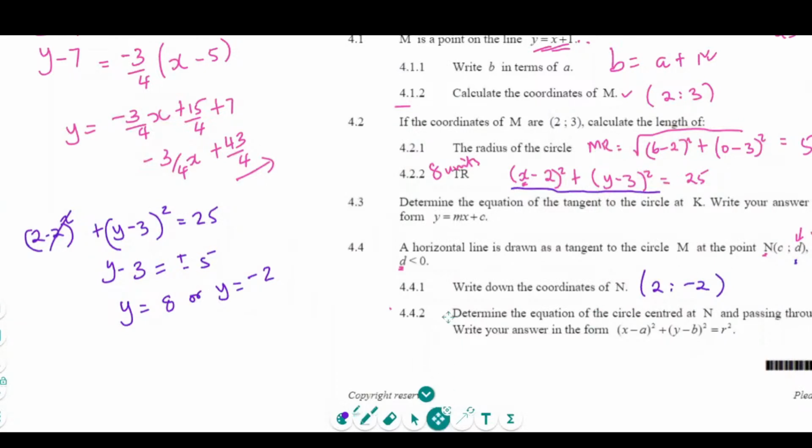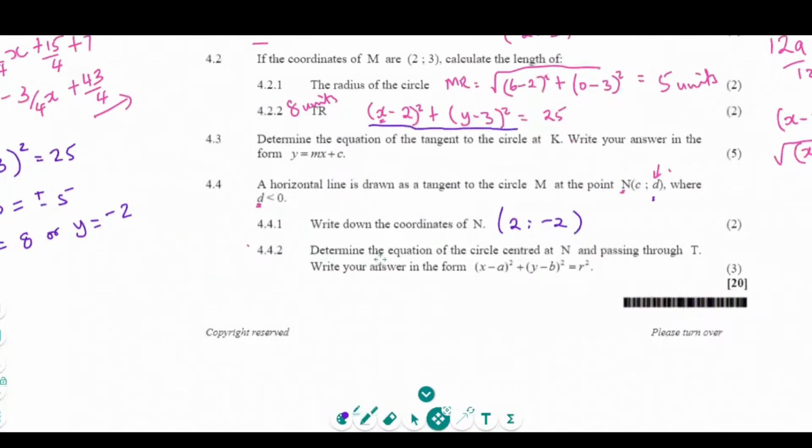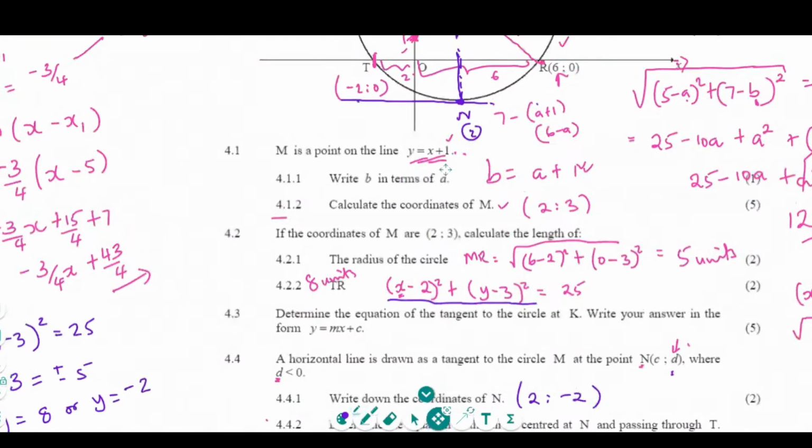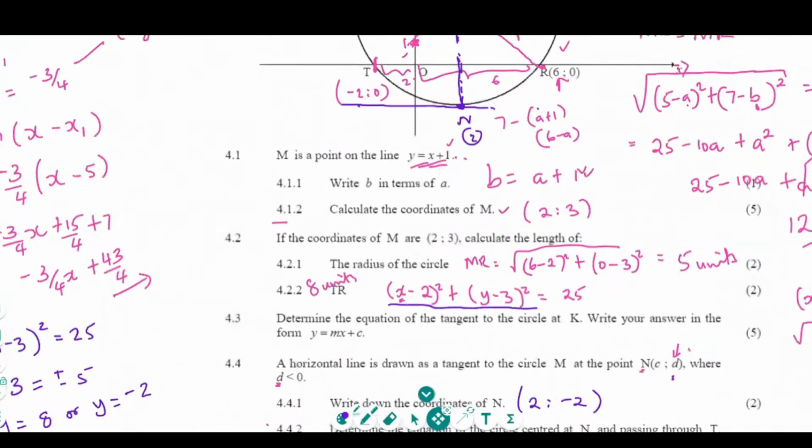Then 4.2, they are telling us to determine the equation of the circle that is centered at N and passing through T in this format. So we have another circle with center N, but passing through T. Let's see if we can sketch that.